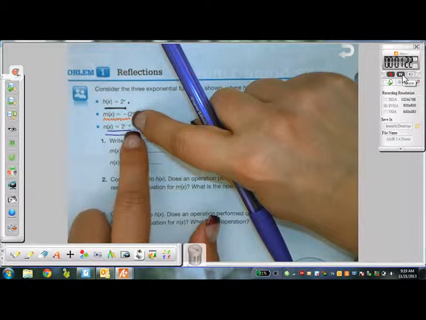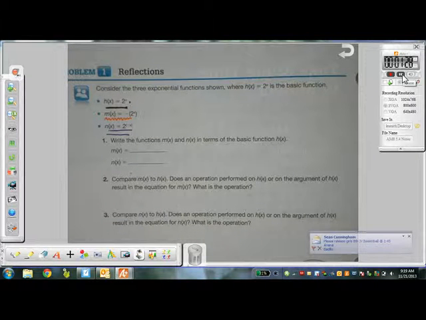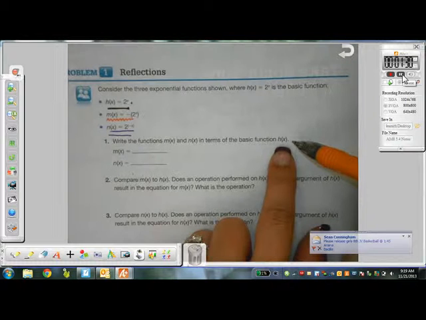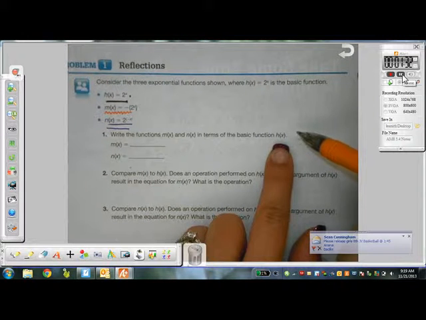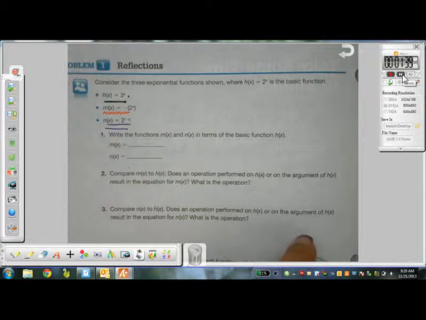In this case, we made the argument negative. Okay? So number 1 wants us to write the functions m of x and n of x in terms of the basic function h of x. This is kind of like what we were doing on that problem in the homework from 5.3, where they wanted us just to write it in terms of the function.